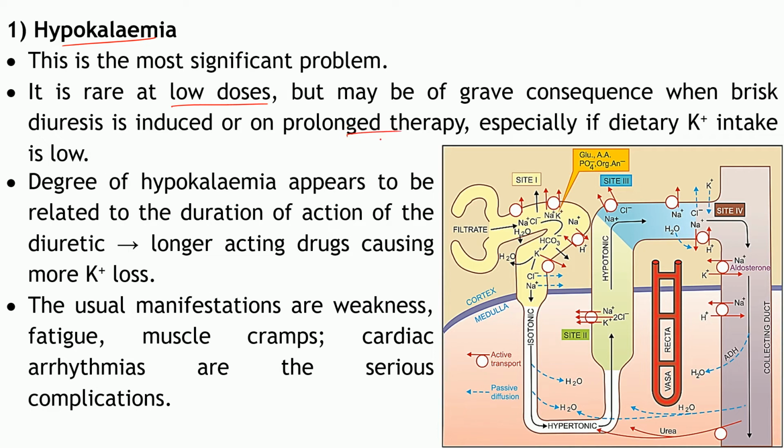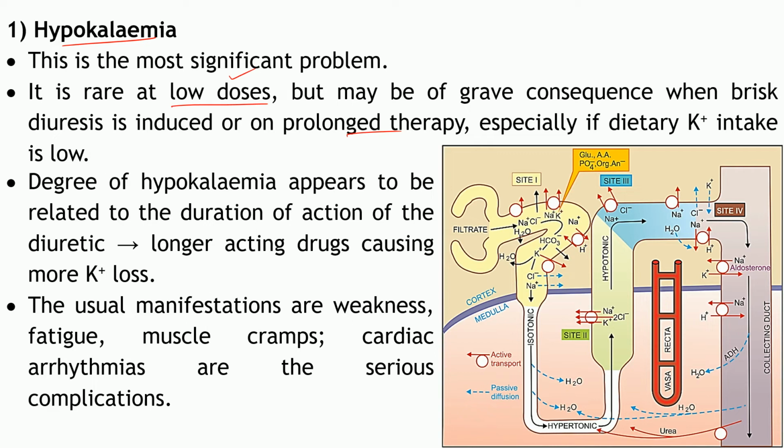As far as possible, keep the therapy short, and if it needs to be continued, the doses should be kept low. Otherwise, if you use a drug over a long period of time, there are more chances of precipitation of hypokalemia, that is, depletion of potassium in the body.